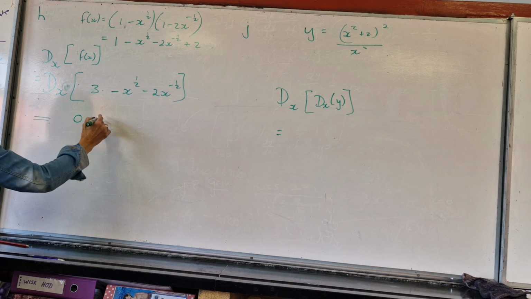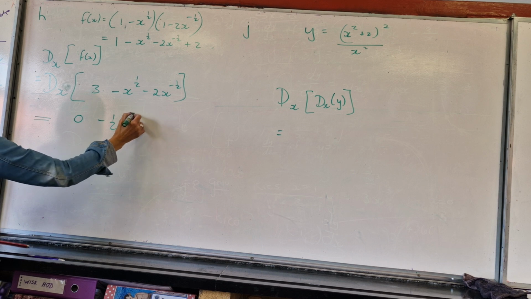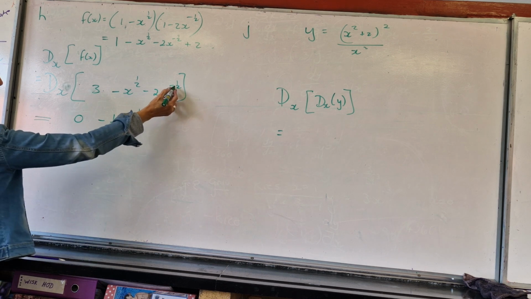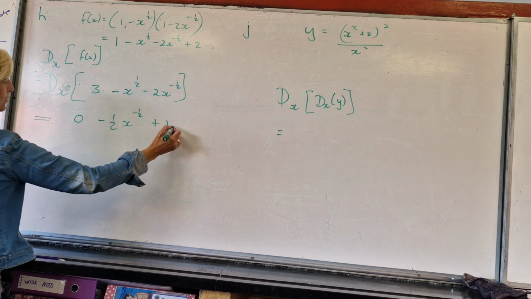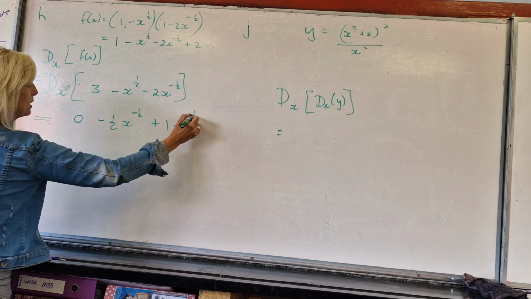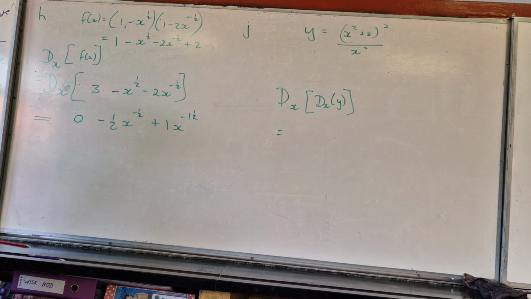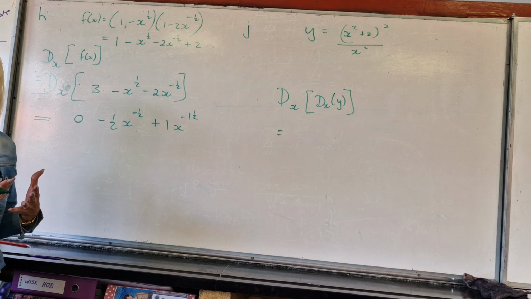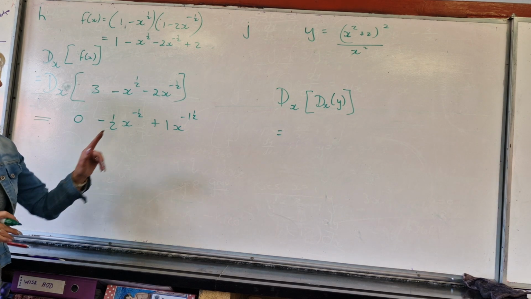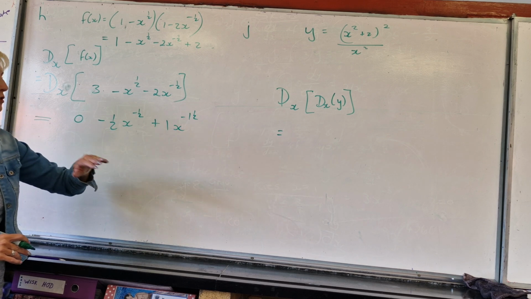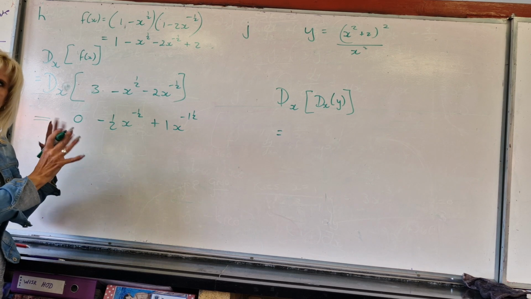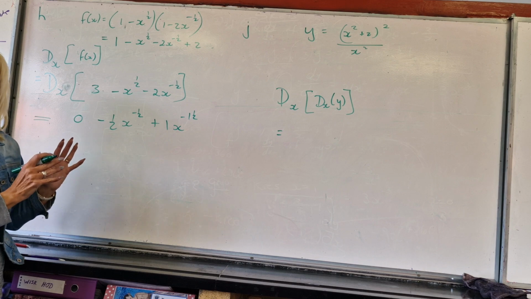Then this one would be minus negative half x to the negative half minus 1, plus 1. And if you want to write the 1 also, and if you want to write minus 1.5, I'm happy with that. I like minus 3 over 2 better, but there's nothing wrong with it. Take away 1 is minus 1.5 or minus 3 over 2. And then you're done. Don't manipulate, don't do anything else.